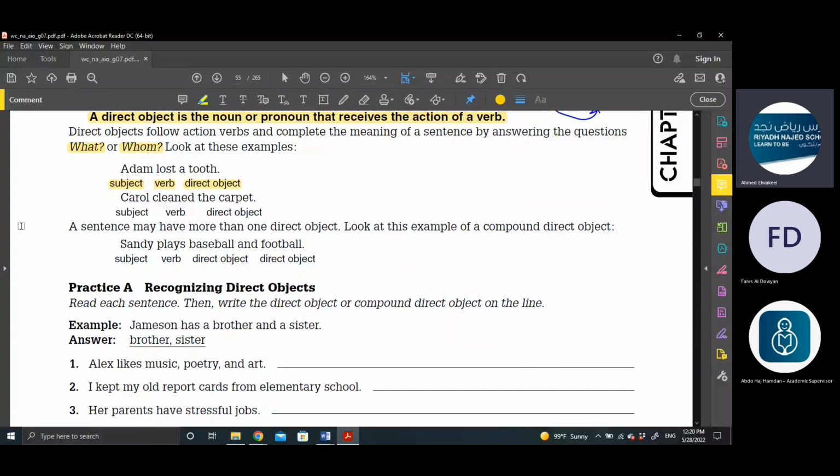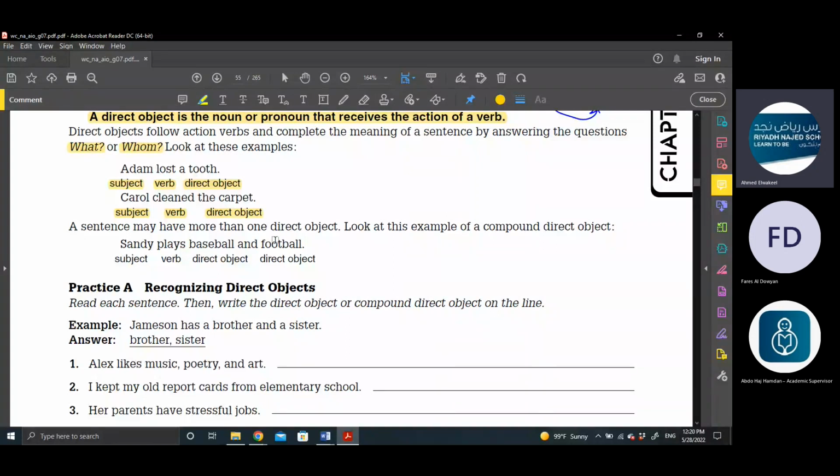He lost a tooth. Same thing, Carol cleaned the carpet. Carol is the subject, the action is cleaned. Cleaned what? The carpet.